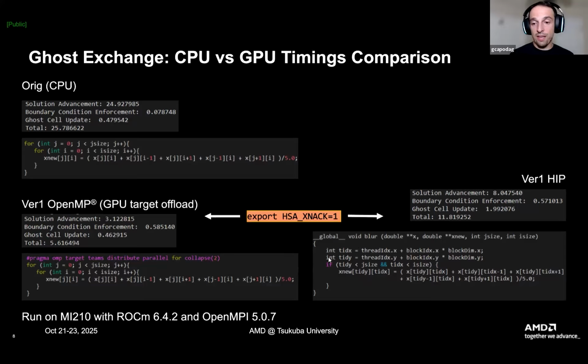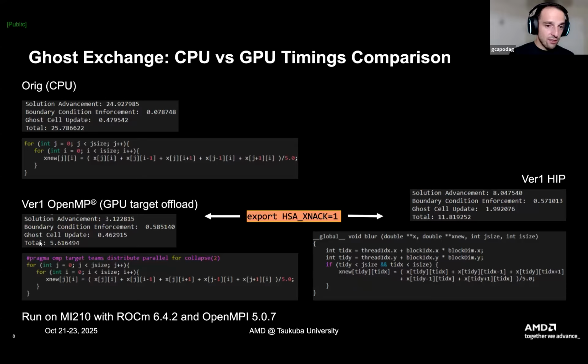And then notice that in this case, since the solution is two-dimensional, we are creating a two-dimensional grid of threads, querying the global ID on each dimension, and then using that to modify our solution. And because we're leveraging unified shared memory, we are exporting HSA_XNACK and setting it to 1.